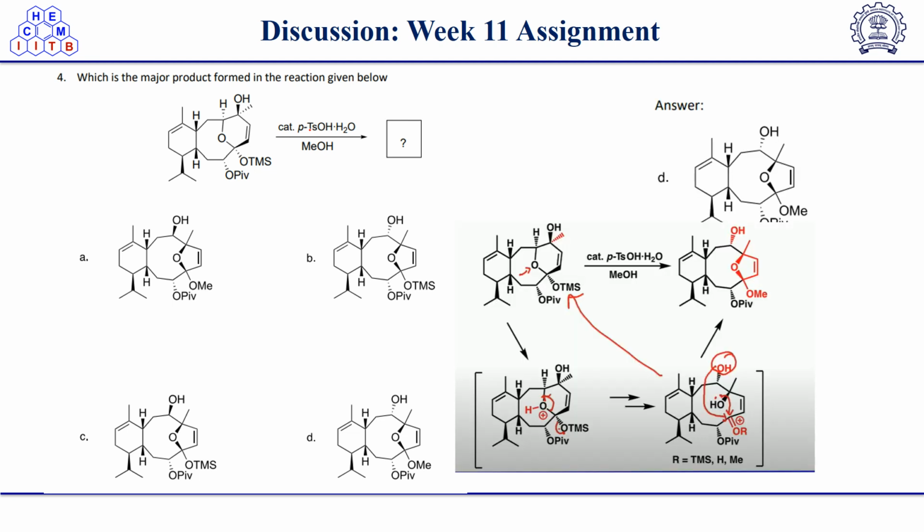Okay, so this is actually a rearrangement reaction. As we can see, the correct answer is option D. So this six-membered ring is getting rearranged into this five-membered ring.